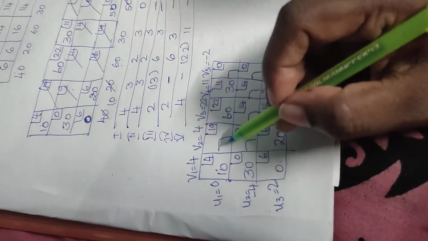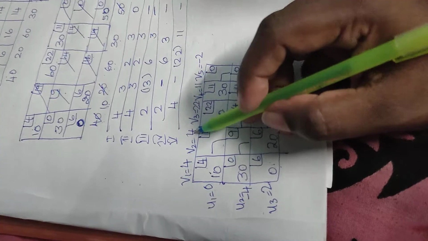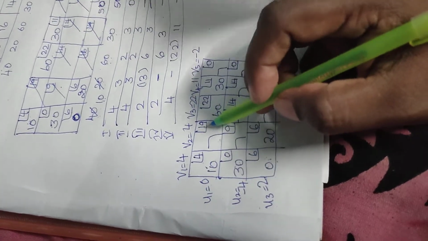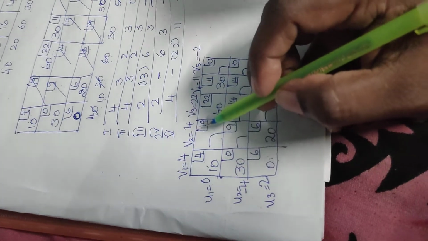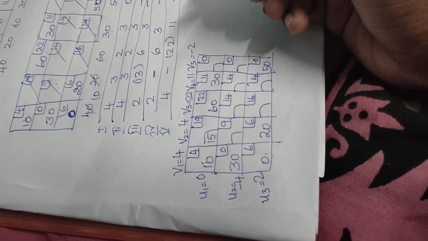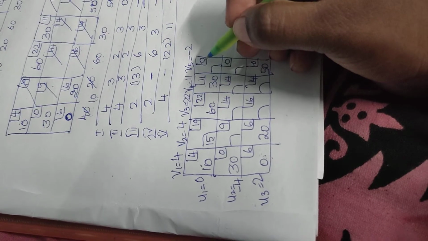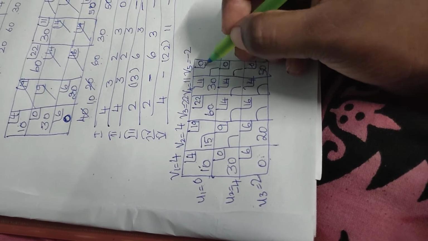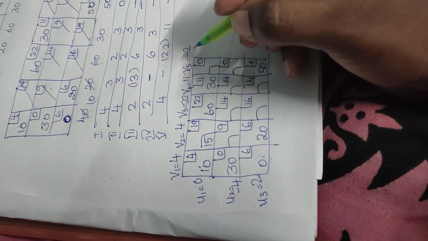So for unoccupied cells, now we are going to fill them up. I'm going to add these two and subtract from this. So 4 plus 0 is 4. 19 minus 4 is 15. Okay. Here, similarly, 0 minus 0, okay, minus 2.